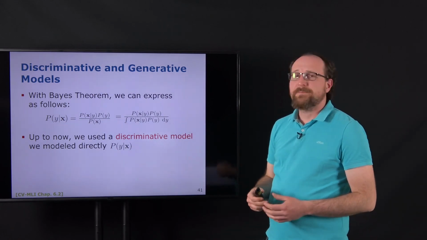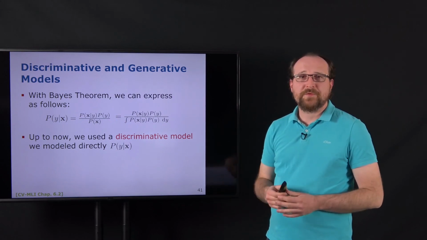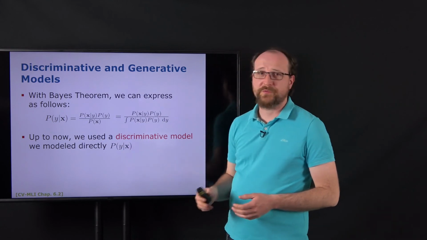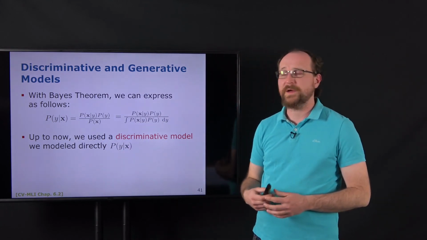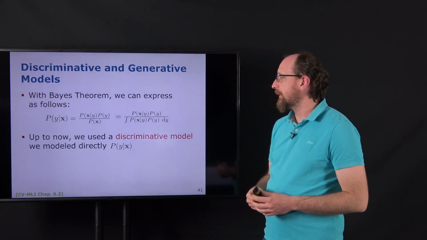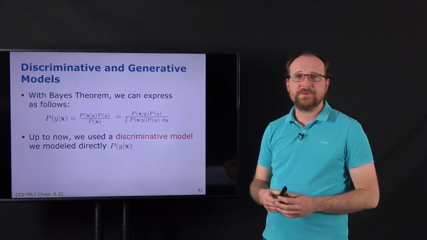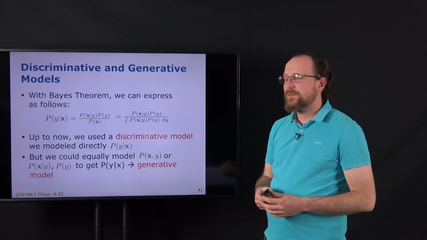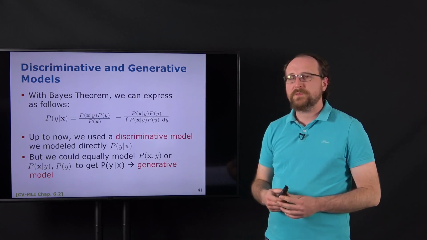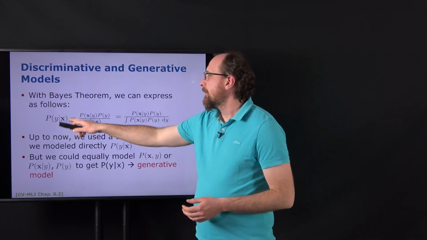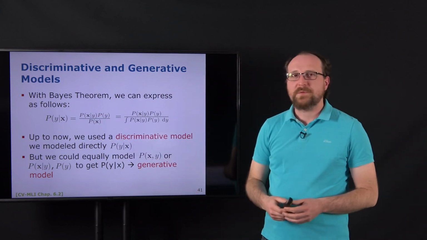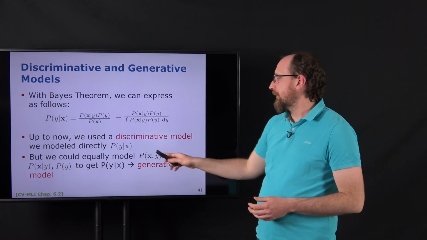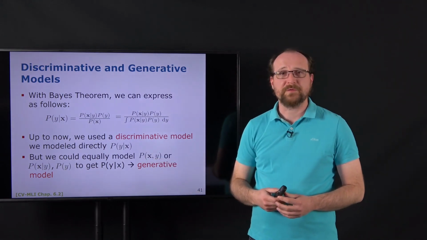From our definition in the beginning, we decided just to model this. So this was just the normal distribution over y given the mean, which was the linear function, and the sigma square. But when you think about it, you could also get the same by modeling P of x given y and P of y, or just the joint distribution of P of x and y.